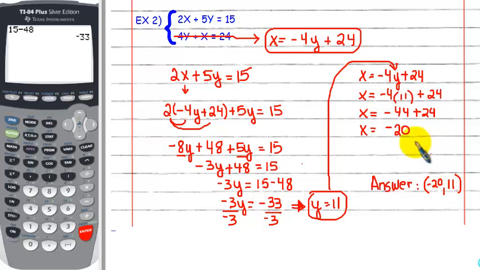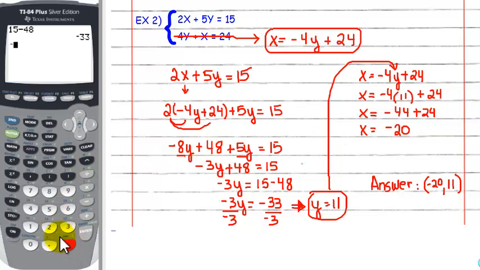Okay, now please remember, once you plug in the 11 here, you can put this in the calculator, since we have this wonderful calculator. Negative 4 parentheses 11, okay, plus 24. See, basically I'm copying exactly what I have here into the calculator, and all I have to do is press enter, and voila, I get the negative 20.